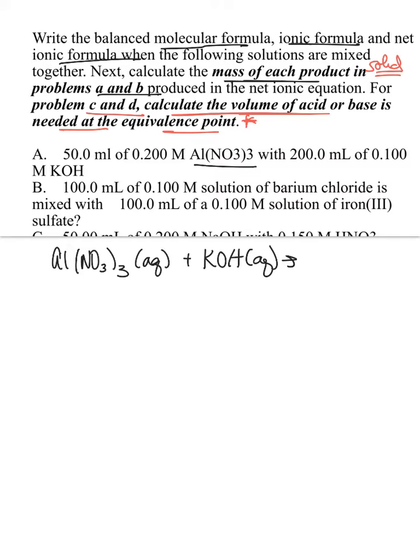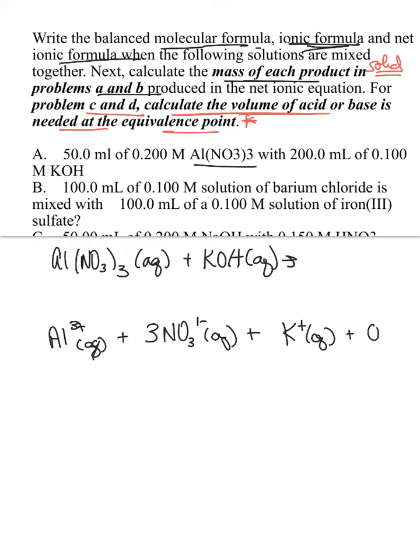And what I do go ahead and do, I just go ahead and break these up and start writing also my ionic formula. So aluminum is a 3+ charge here, and you can determine that because your nitrate, you have 3 nitrates. Each one of them is a 1-. And then we go ahead and break up the potassium, and then we have an OH-.